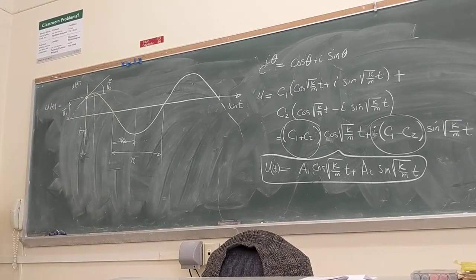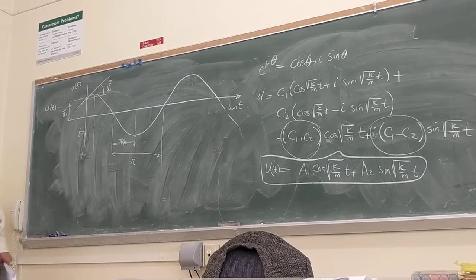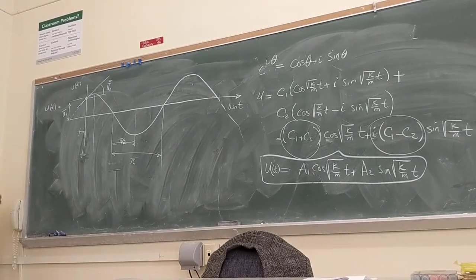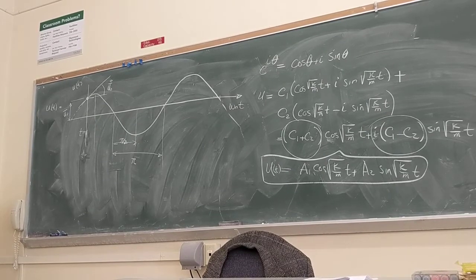So the x-axis is omega n t. You can plot it as t, but I just do it in terms of omega n t, so it's easier. Okay?